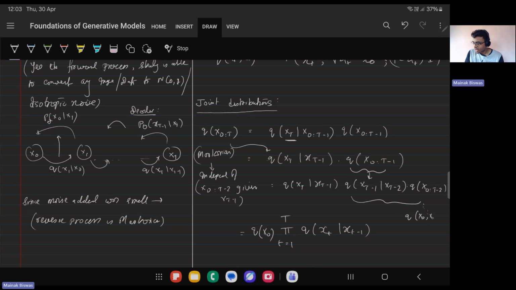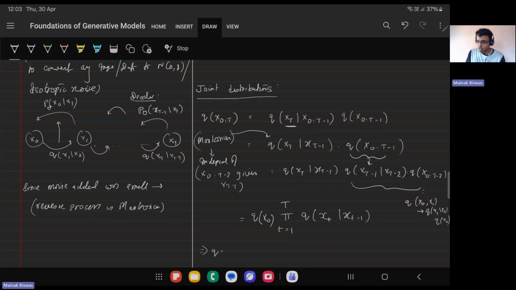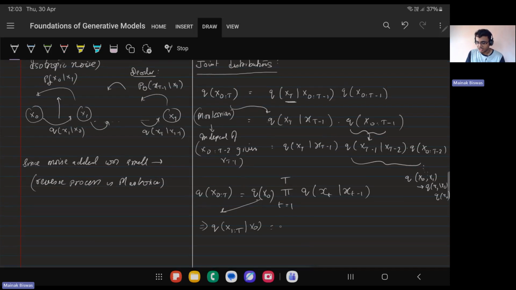I'll get x0 and x1, which can be written as q of x1 given x0 into q of x0. So it's a joint, so I can write the joint distribution of the latents given the data, q of x1 to xT given x0, as the product over t equal to 1 to capital T of the individual normal distributions. Remember, these are all normally distributed.